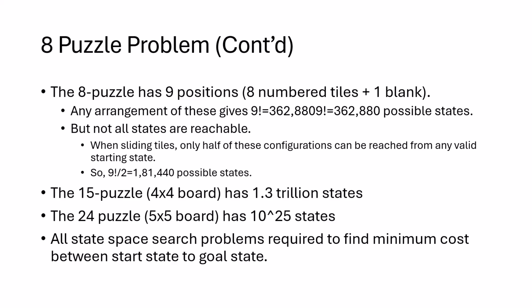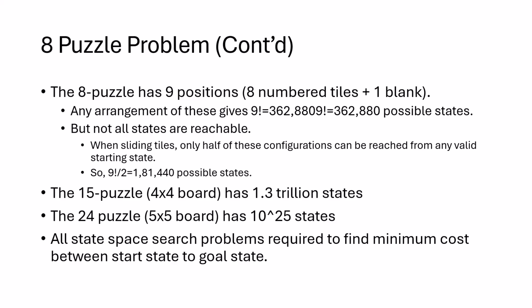Now let's see some more details about the 8 puzzle problem. The 8 puzzle has total 9 positions, okay, 8 number tiles and 1 blank. So any arrangement of all these tiles in 9 different positions gives you 9 factorial, like 362,880 possible states. But here all states are not reachable.